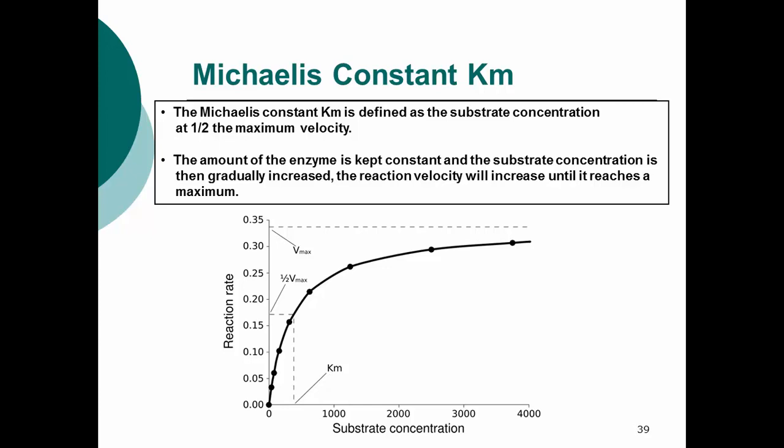So this Km means if we keep the enzyme concentration constant, the same, and if we increase the substrate, then we're able to increase the speed of reaction. But this increase can also have a plateau. I mean, saturate, right?